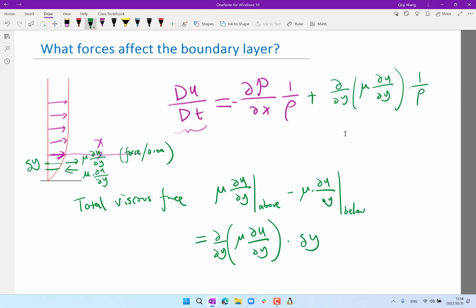Is the first derivative of u with respect to y positive or negative? It's positive, right? So the derivative slowly goes from a large positive value to smaller and smaller to 0 here. So the second derivative, which is the derivative of the slope, is negative, right? So that means viscous forces in this case decelerate the flow.